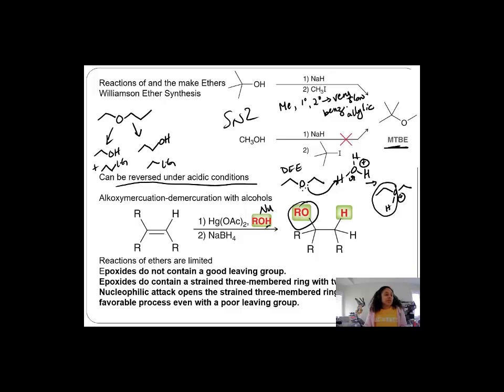I can put sulfurs there. And so if my nucleophile was, let's say, ammonia, my product would be an amine. If I had used, let's say, this thing, I could get a product like this.